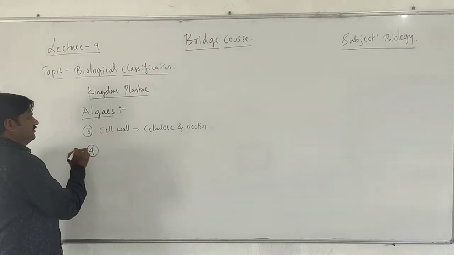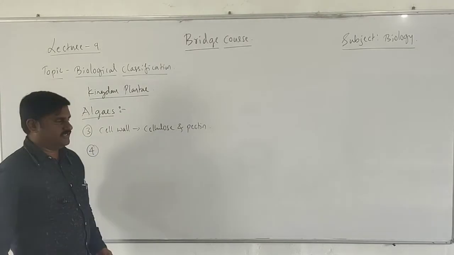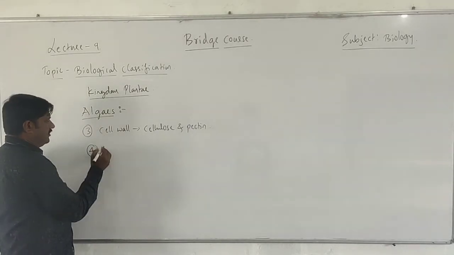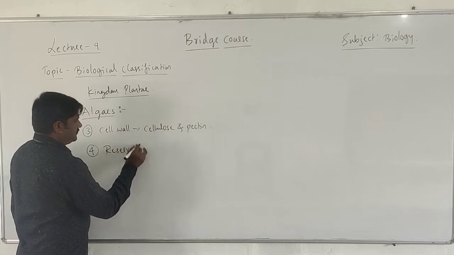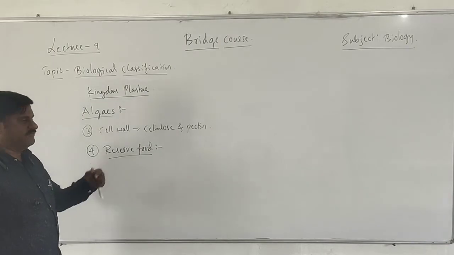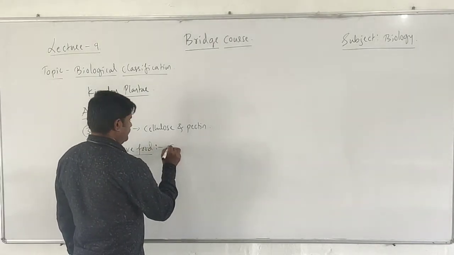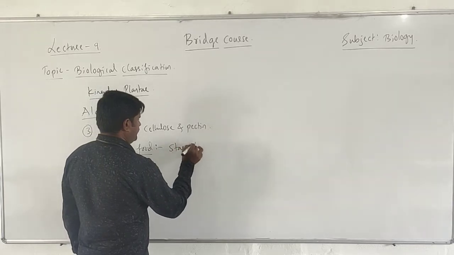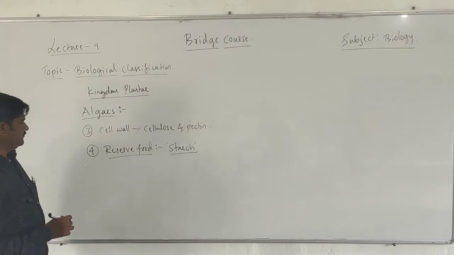The cell wall is made of cellulose or pectin. The next feature is reserve food. In these plants, the reserve food material is starch, especially starch is present in this one.